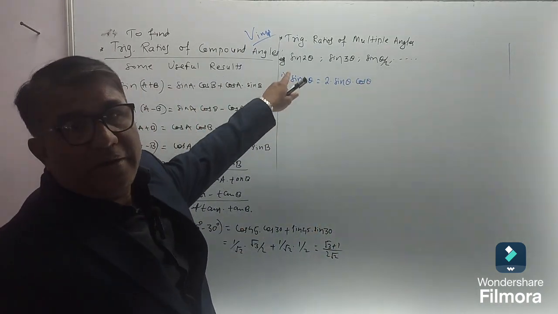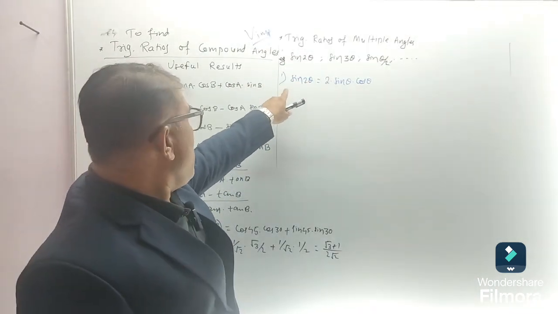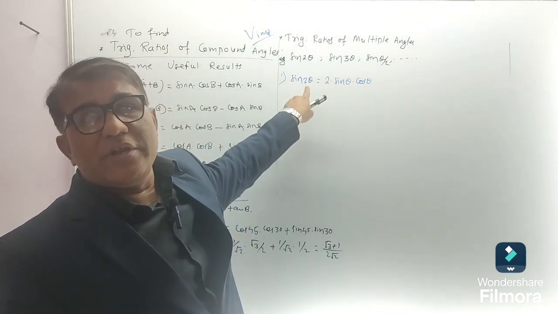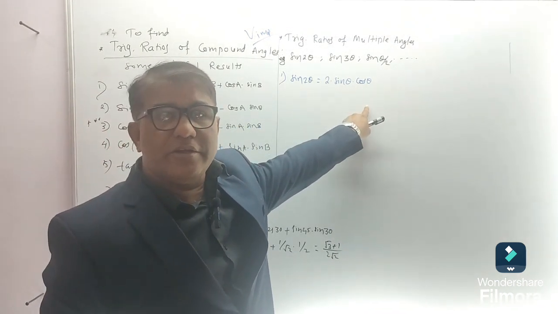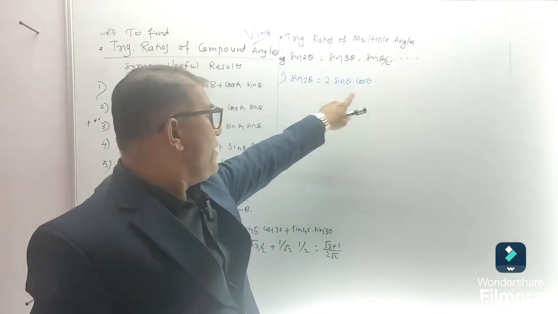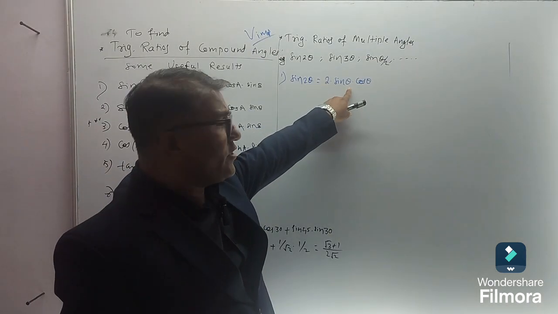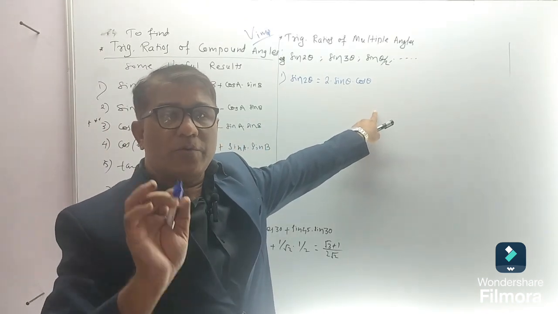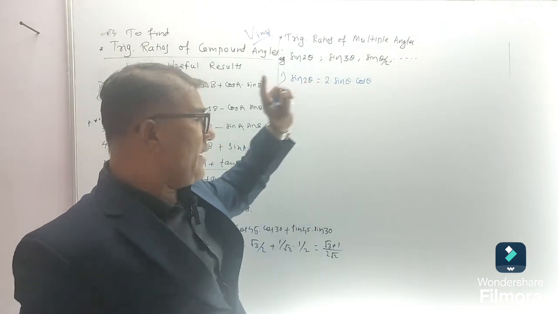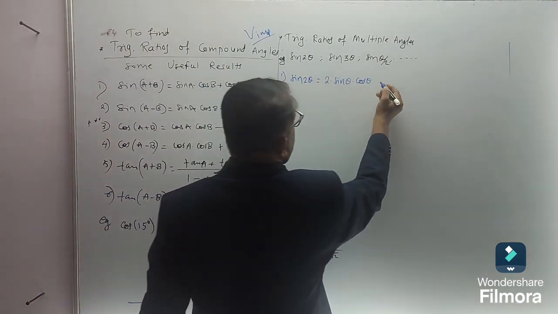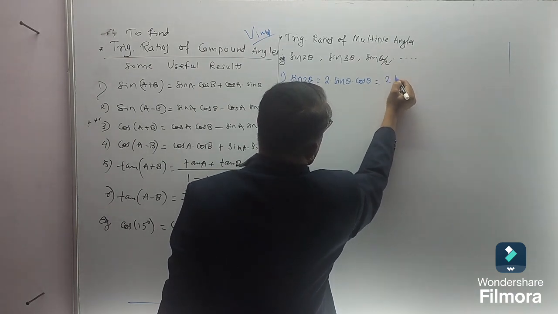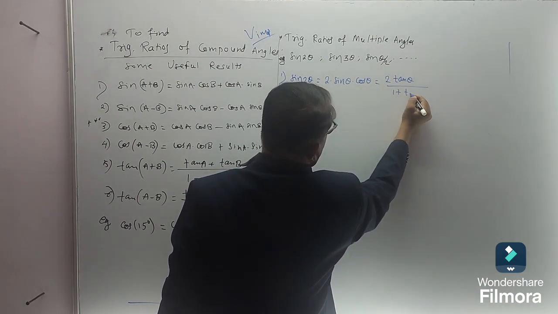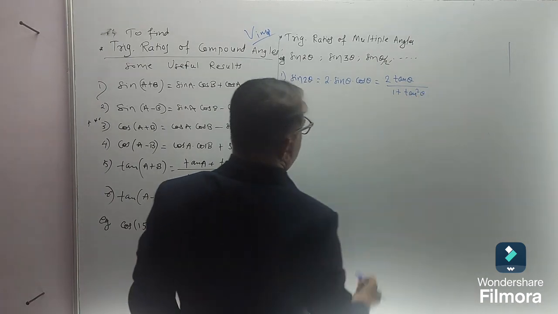What are we observing here? 2 theta becomes theta. If I write here theta, then it is theta by 2. If it is 4 theta, here it is 2 theta. If it is 5 theta, it is 5 theta by 2. Okay? The angle is half here. And similarly, the other formula is 2 tan theta upon 1 plus tan square theta.